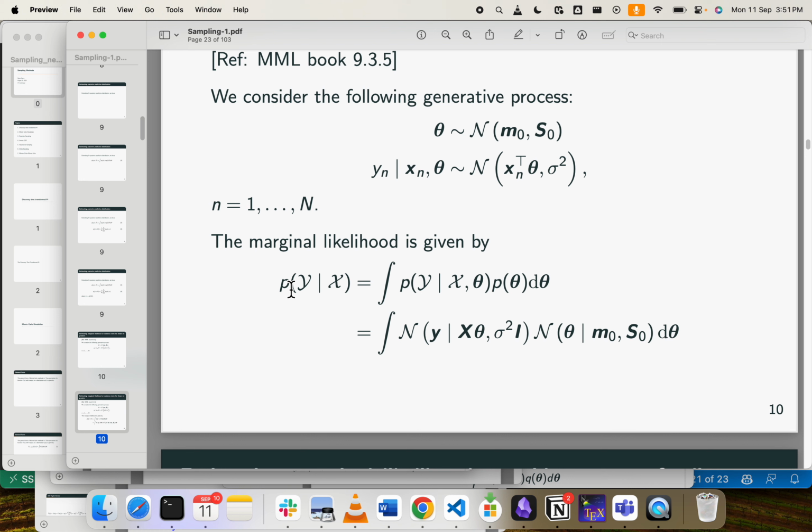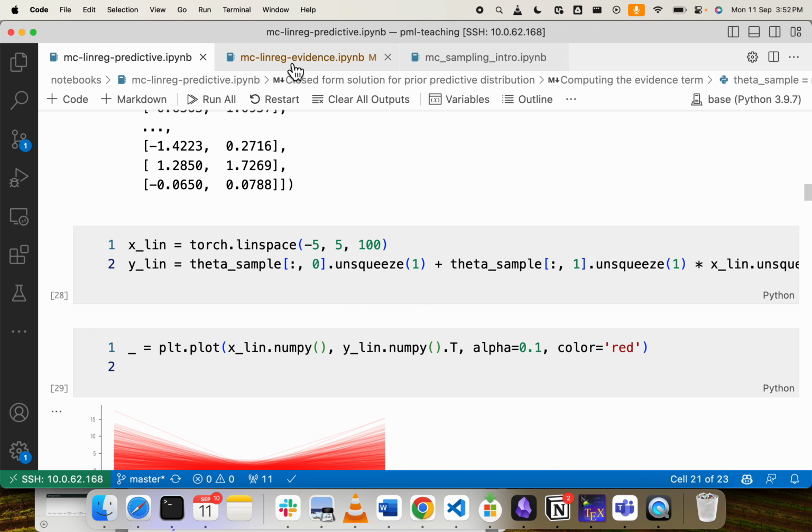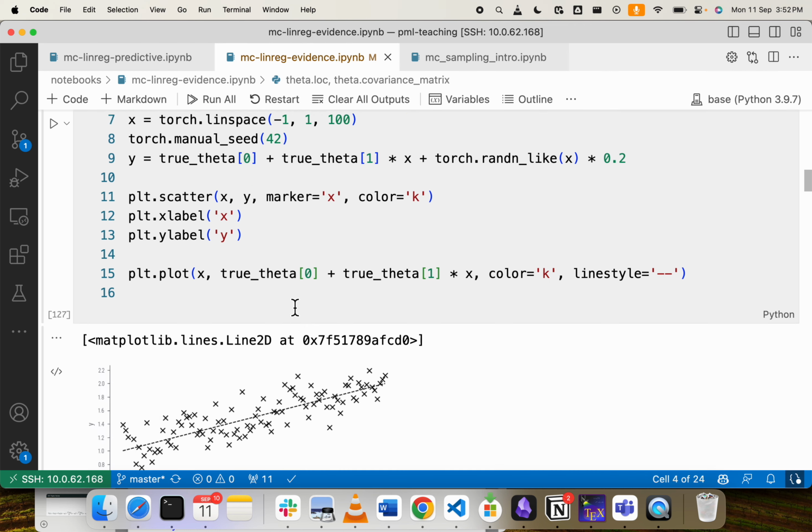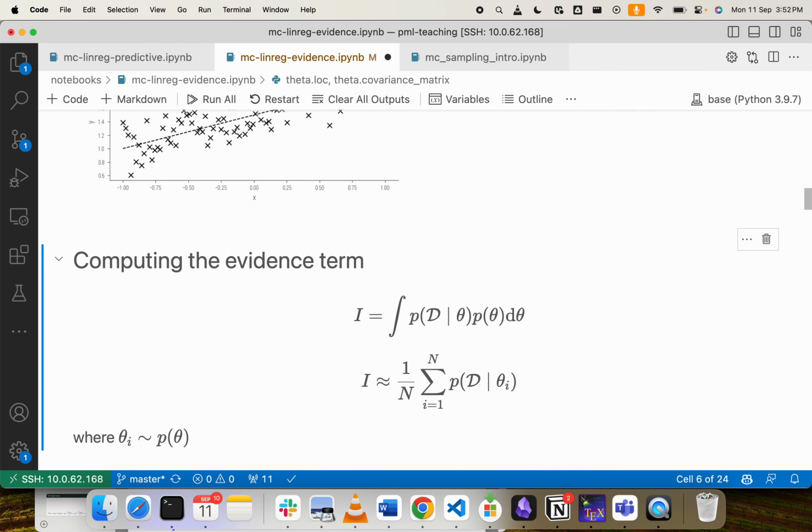So it's p of y star given x star, that is the question. Here we are trying to compute the probability of observing all the data set y's corresponding to all the data set x's. So therefore this will turn out to be two different integrations. But the first part of the code is exactly the same. But here, because we needed the data, I have generated some data.